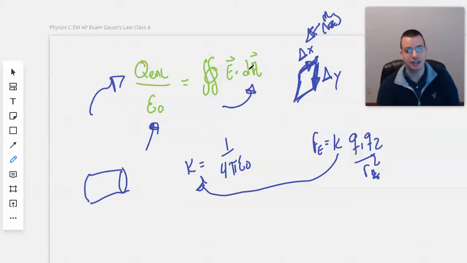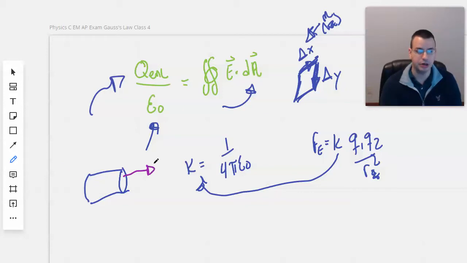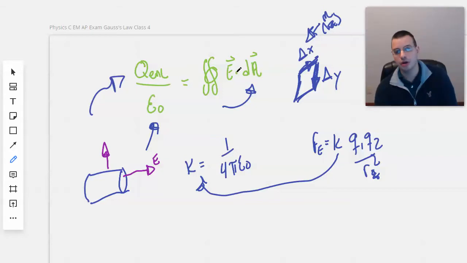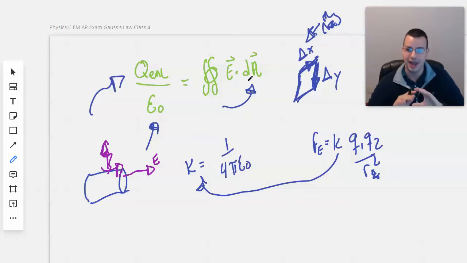So the idea here will be you'll want the electric field to be parallel or perpendicular to the area at all places. That's not a good example. Probably easier to do a sphere.